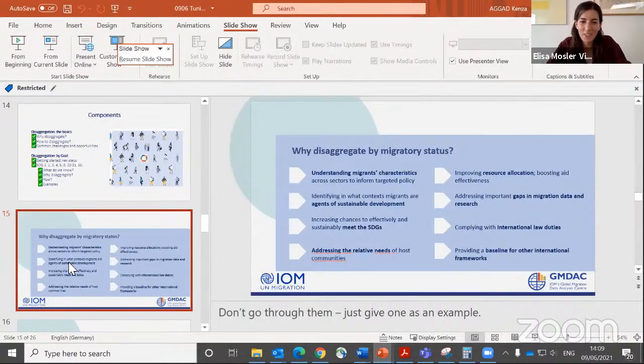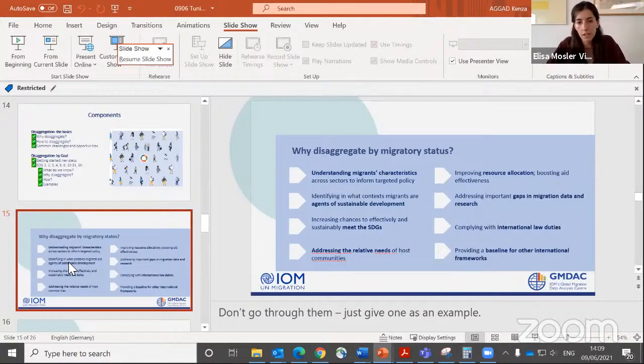Next slide, please. I'm not going to go through all of these reasons why disaggregation can be important. I think we already mentioned a few indirectly when we went through the examples of the 3 SDGs. But just to recap, some key reasons to disaggregate include the fact that categorizing data by who's a migrant and who's not a migrant in different sectors can really be a key first step to understand characteristics of migrants in particular sectors, to then create more evidence-based and targeted policy that can reach them.